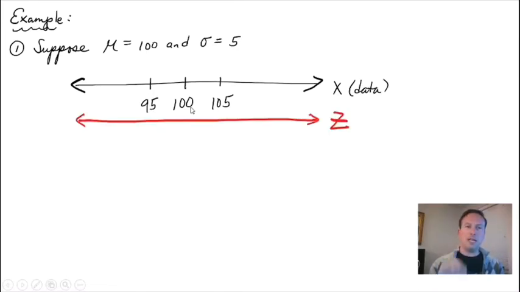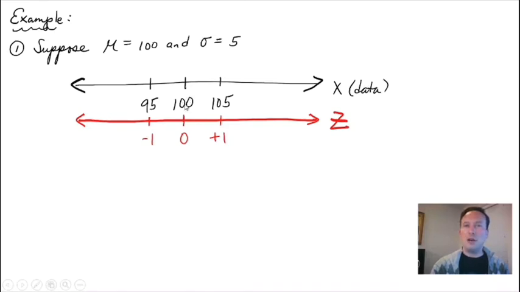Okay, now let me explain the rest of it here. So on the number line, you're going to put 0 where 100 is. All right, notice how they line up. Because 0, remember, represents the mean by definition. But now I have -1 and +1 here, +1 for the z-score for 105 and -1 for the z-score for 95. Why is it -1 and +1? Because what did I do?